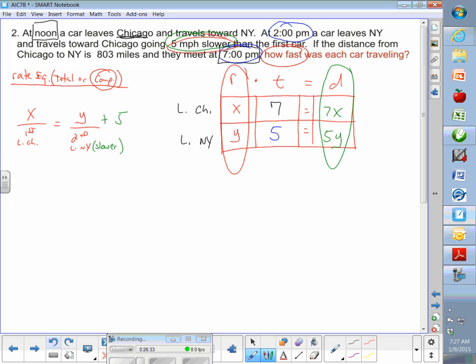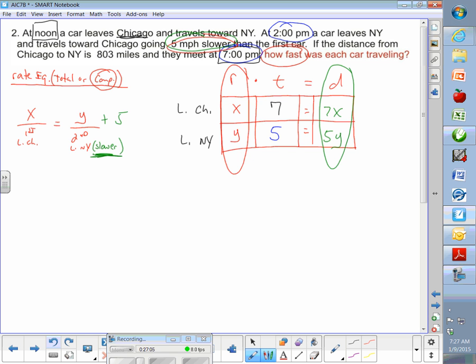If the car leaving Chicago was going 80, the one leaving New York would be going 75. You got to add 5 to 75 to make it equal to 80. If the car leaving Chicago was going 65, then the car leaving New York would be going 65 miles an hour slower. You got to add 5 to make them equal. This label right here of slower, sometimes you'll say faster, sometimes less, sometimes more, will help you to know what to do with the comparison amounts.